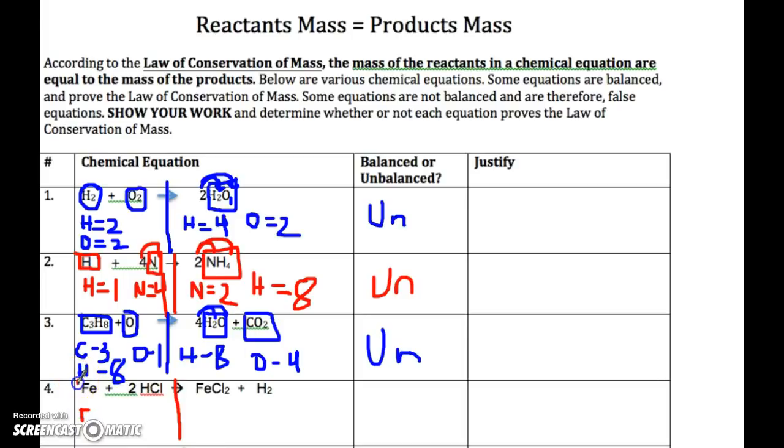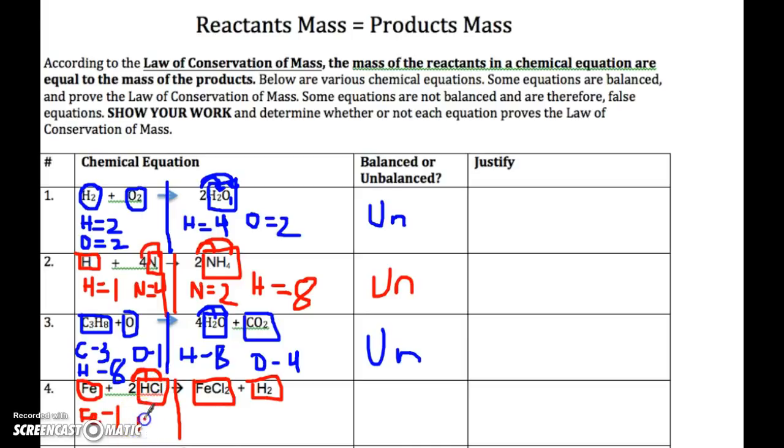Fe, oh, I forgot step 2, which is to draw a box around all of my molecules except the coefficient. I have 1 iron atom here because there's no coefficient or subscript. This 2 gets multiplied times the hydrogen and the chlorine atom.